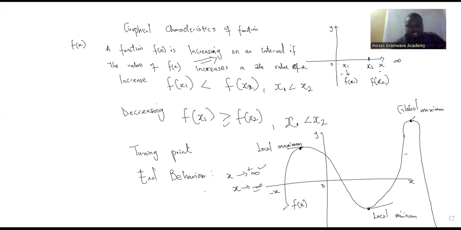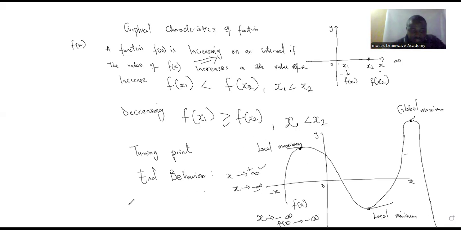So I can simply write that as x tends to negative infinity, f of x also tends toward negative infinity. That is the end behavior we are talking about.